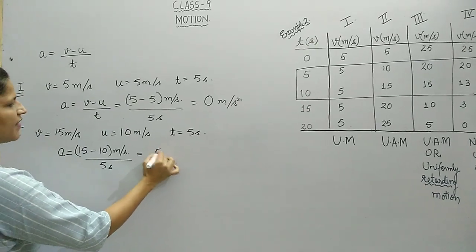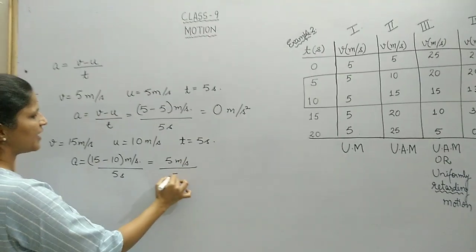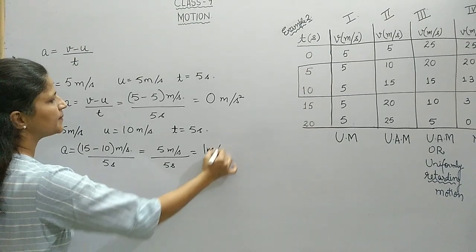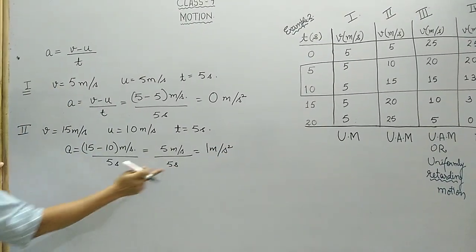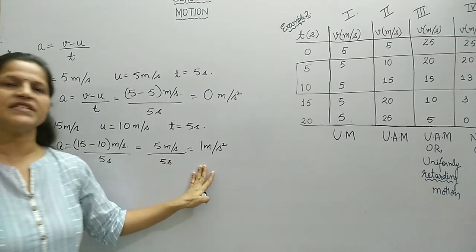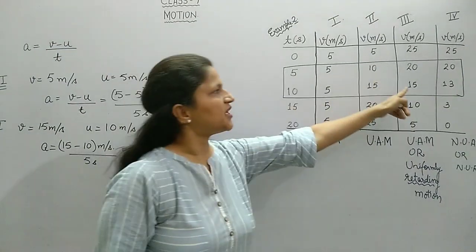So this is 5 m/s upon 5 seconds, which is equal to 1 m/s². So here our acceleration is 1 m/s².